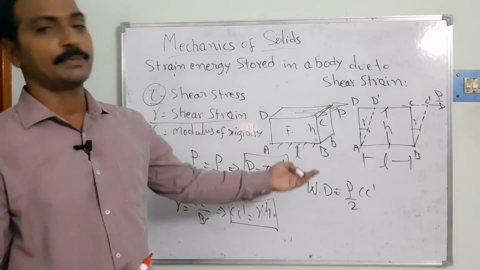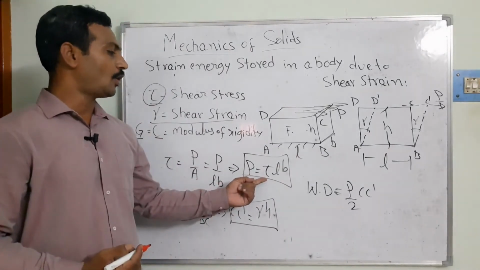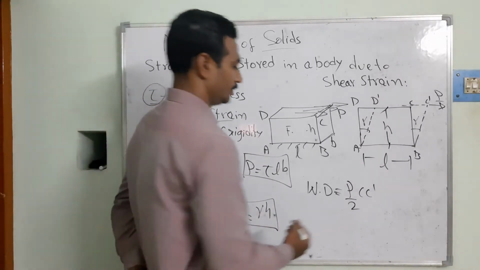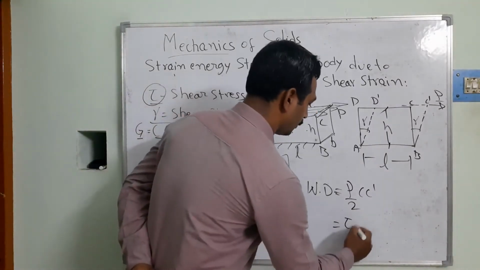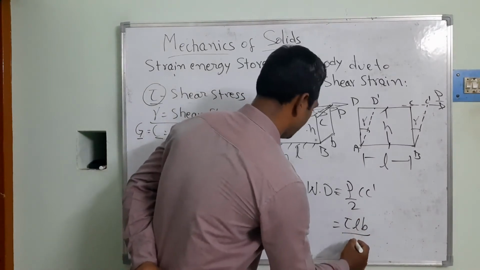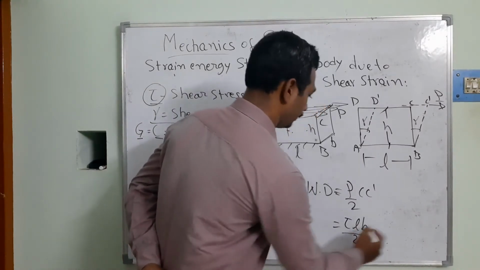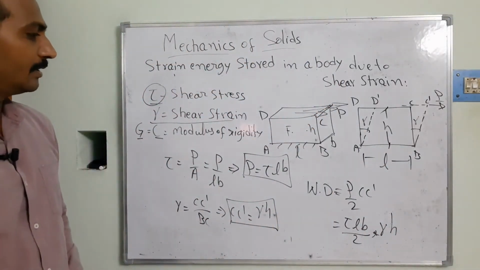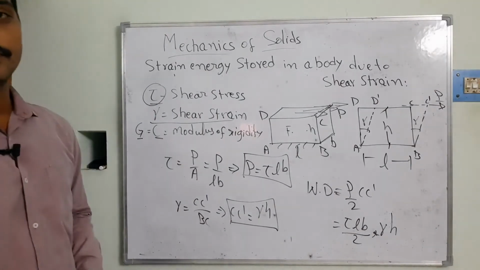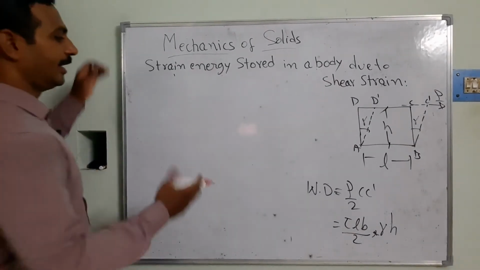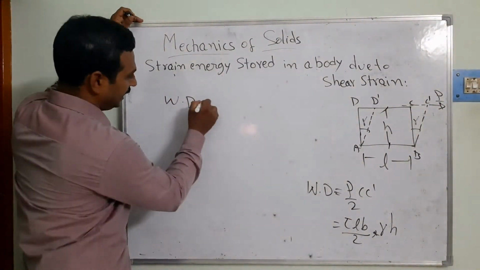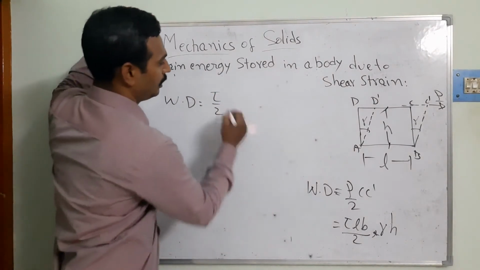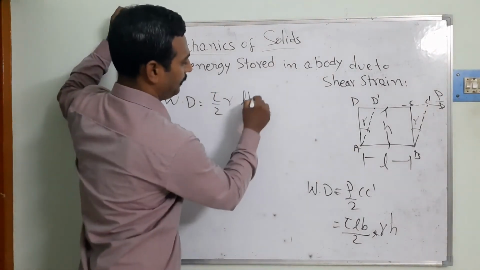Now we are going to substitute what P is equal to, that's going to be tau into LB, right? And C dash is equal to gamma into H. So the work done is tau LB divided by 2, into gamma into H. Rewriting this equation, the work done by the shear force, with the average load, is equal to tau by 2 into gamma into LBH.